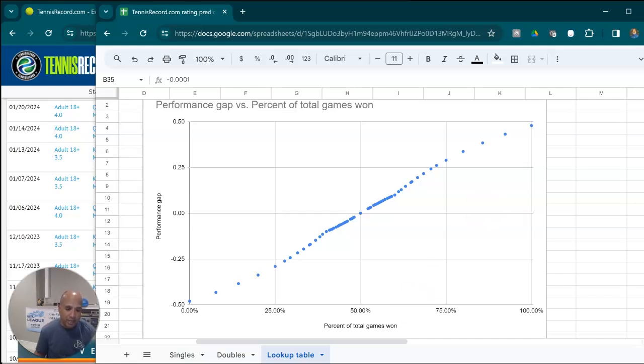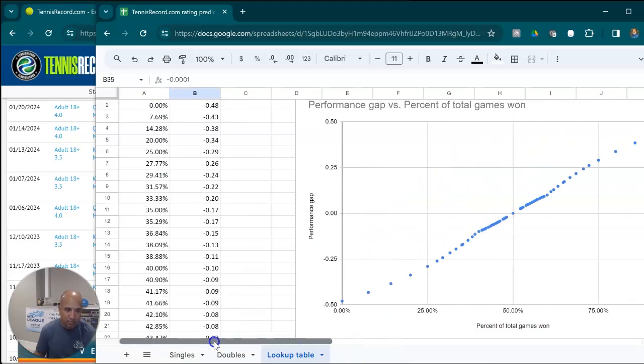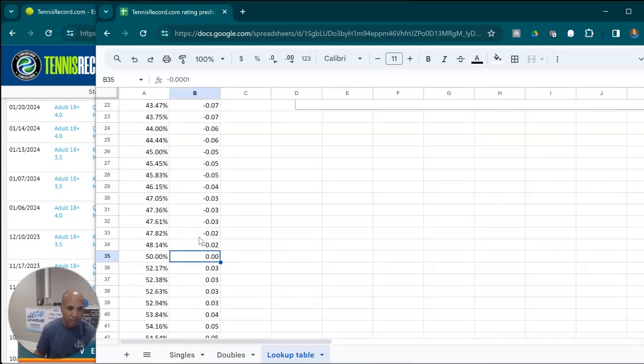And hence the lookup table. If it was exactly linear, I would have just written an equation for it. But it's not. To be as accurate as I could, I could have done a best fit line to approximate it, but I didn't. I wanted to be as exact as possible. So hence the lookup table.